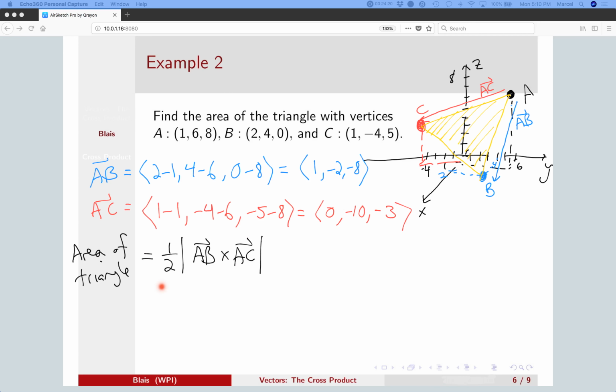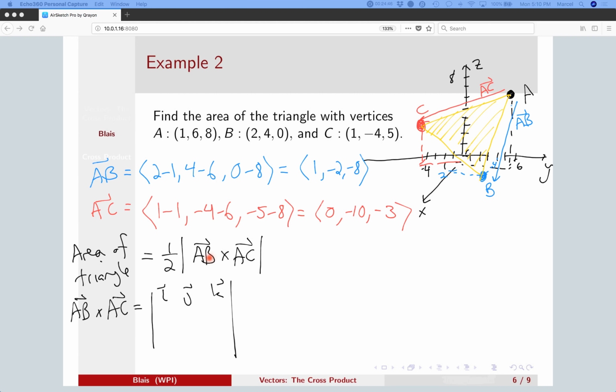So to use this now, we need to do our cross product. So let's get that set up. AB cross AC. And by the way, again, any two non-parallel vectors would get you to the same answer. So we set up our determinant, i, j, k.